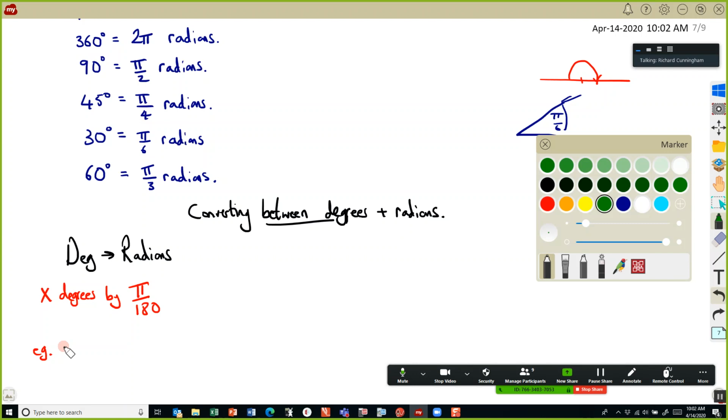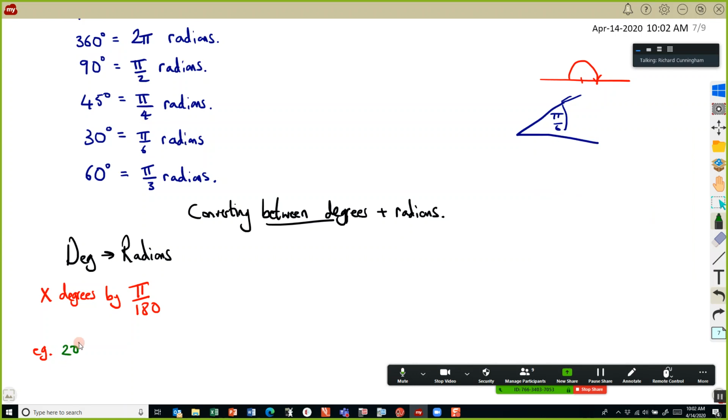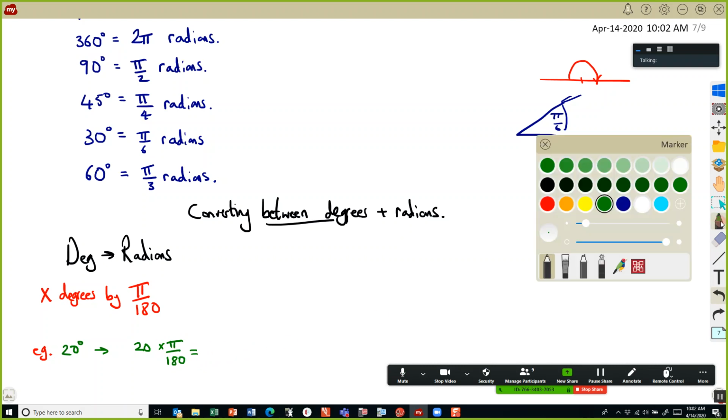So for example, let's change 20 degrees into radians. We multiply it by pi over 180. How can I simplify 20 multiplied by pi over 180?